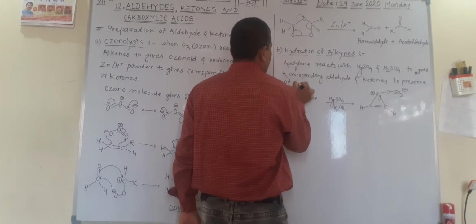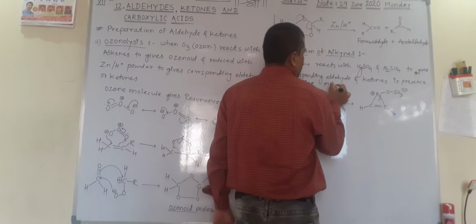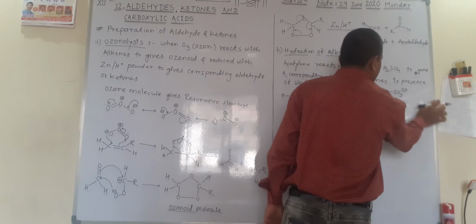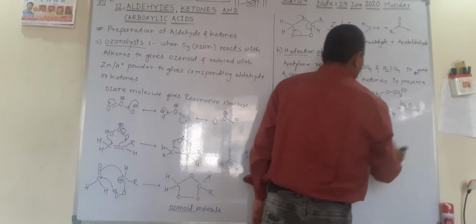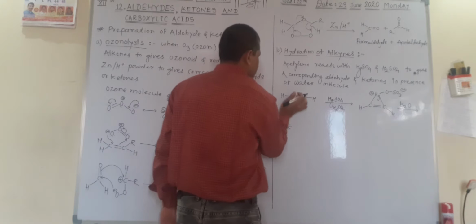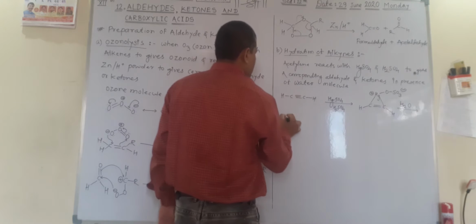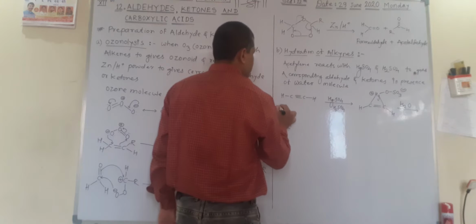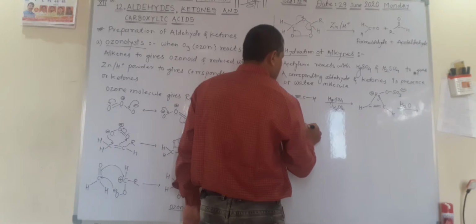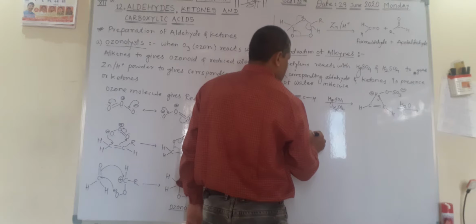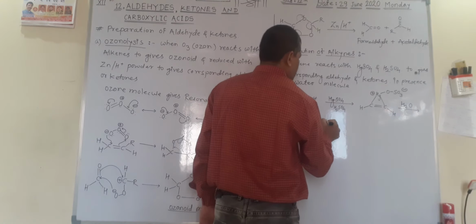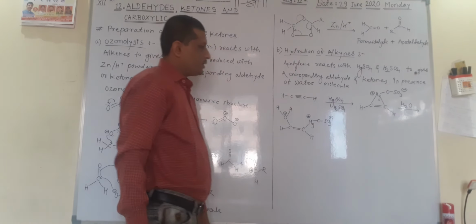In the presence of a water molecule, here is the hydrolysis, H2O, HC, OH. Now here the water molecule can be shown in this way. Here is hydrogen, Hg plus, OSO3 minus.